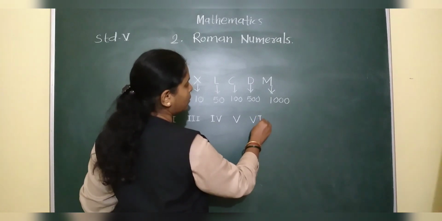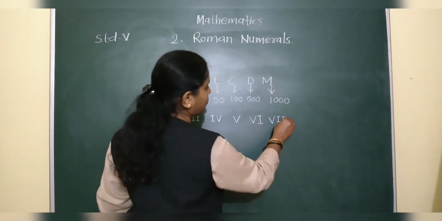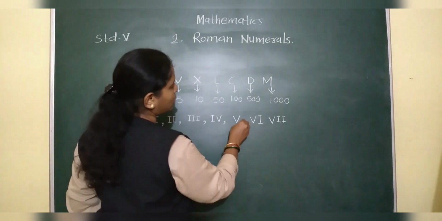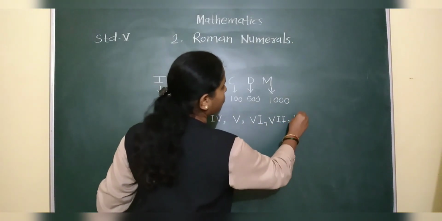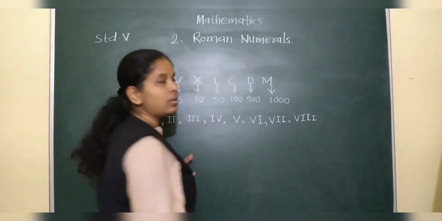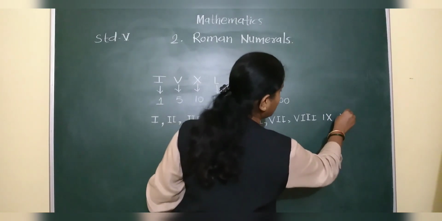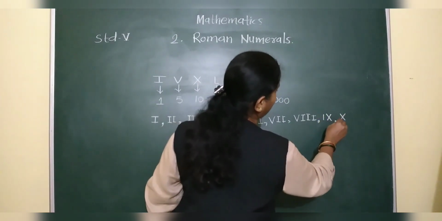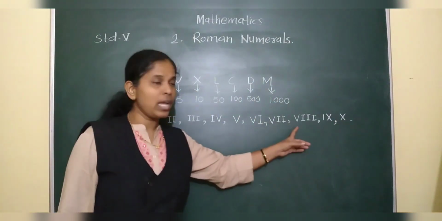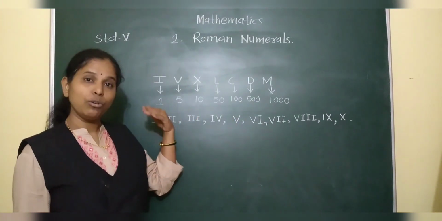V, I. 7, V, I, I. 8, V and 3 times I. 9, how to write? I, X. And 10 means only X. Now, as we are writing these numbers, we will understand their rules also.